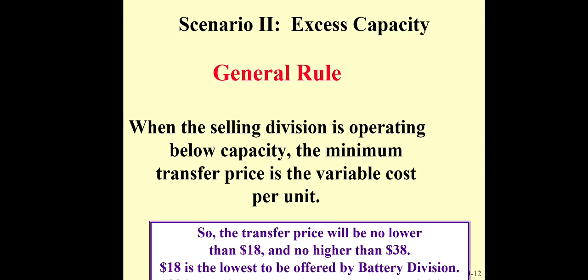At the same time, the transfer price cannot be higher than $38, because if the transfer price is more than $38, the buying division will not take batteries from the battery division.